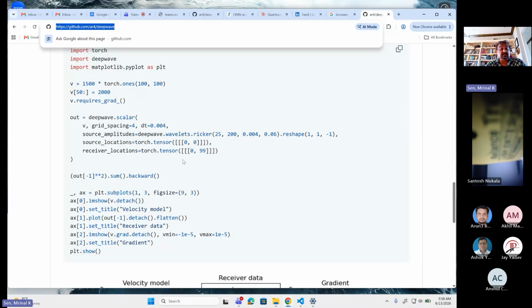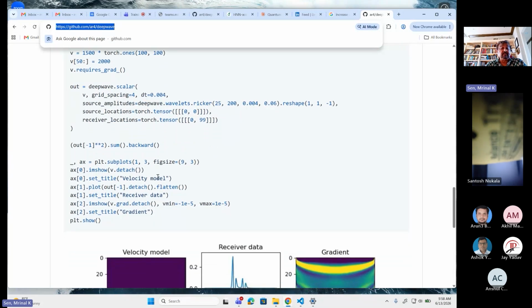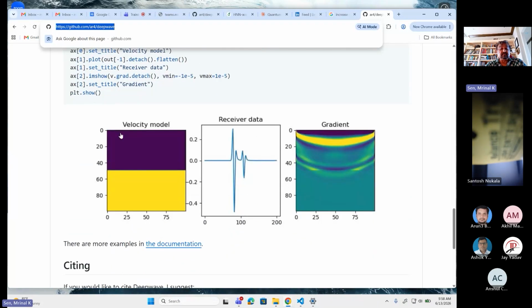Then you have to give it the receiver location, and everything else was default. And then you were basically outputting the snapshot here. So this shows you the velocity model, and this shows you at one receiver location what the wavefield looks like, direct wave and the reflected wave here. And this also shows you gradient calculation, which I'm not going to talk about right now.